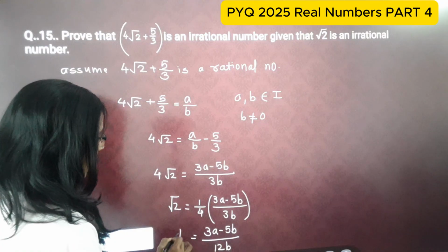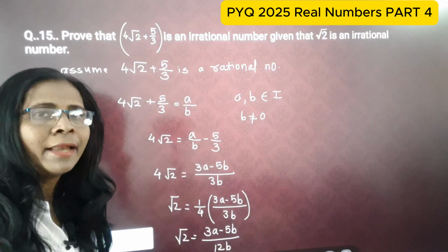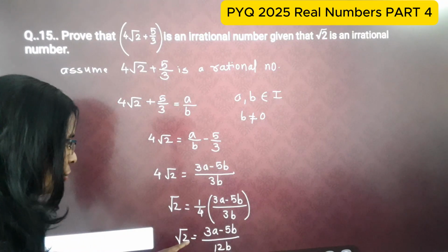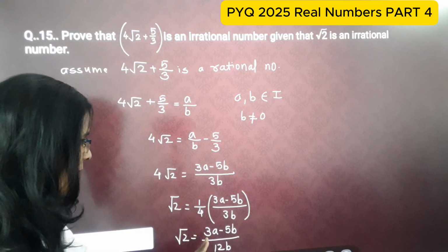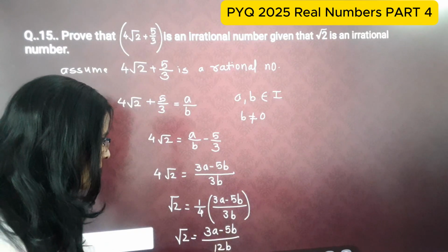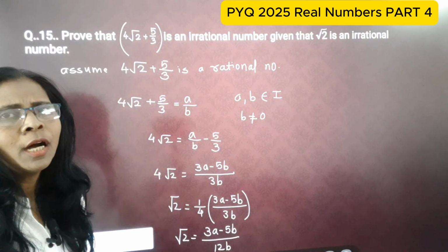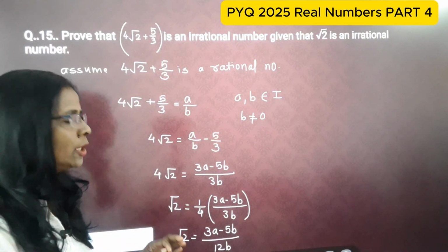This is the value of root 2. Now, students, if you observe the right hand side, 3a minus 5b upon 12b, it is of course a rational number.